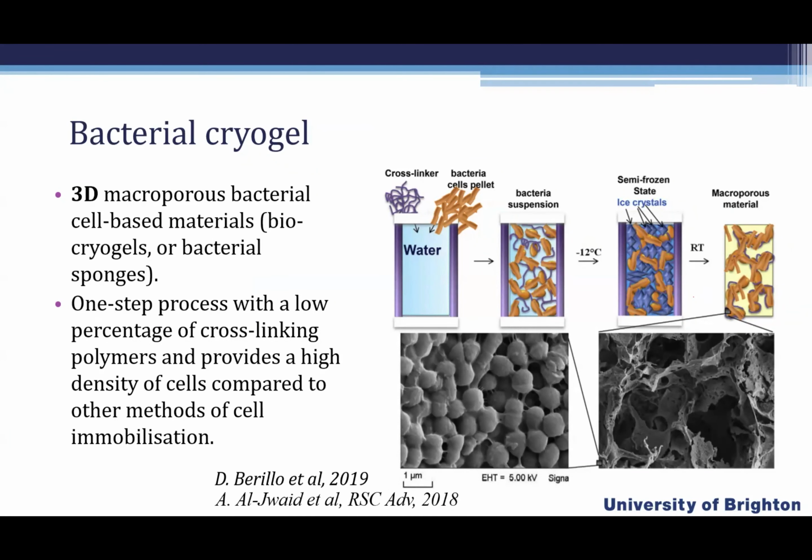So bacteria were selected which can degrade phenols and phenol derivatives, and then the cryogels were produced by mixing basically the cells and a small amount of polymer cross-linker, and then the same technique was used to make the cryogels. And you see on the bottom a picture of the wall of the cryogels, which is made from the microbial cells glued to each other. And that gel has a porous structure, as you can see in the second image.